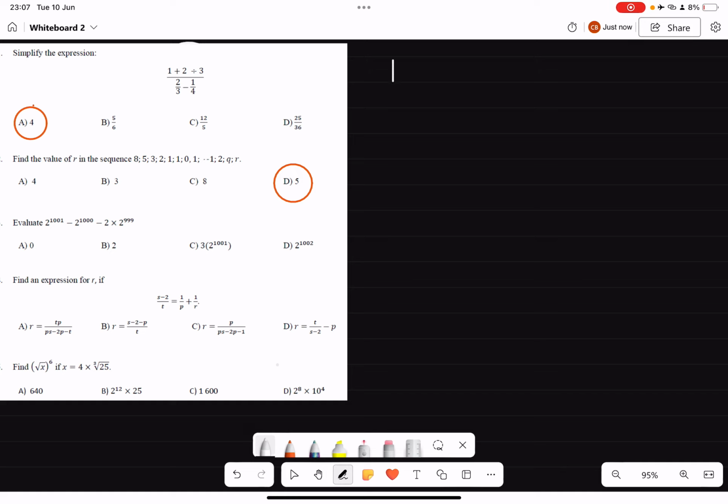We always let k be the smallest exponent. So the smallest one is 2 to the power 999, because when you compare this, that, and that, you always make the one which is smaller to be k.